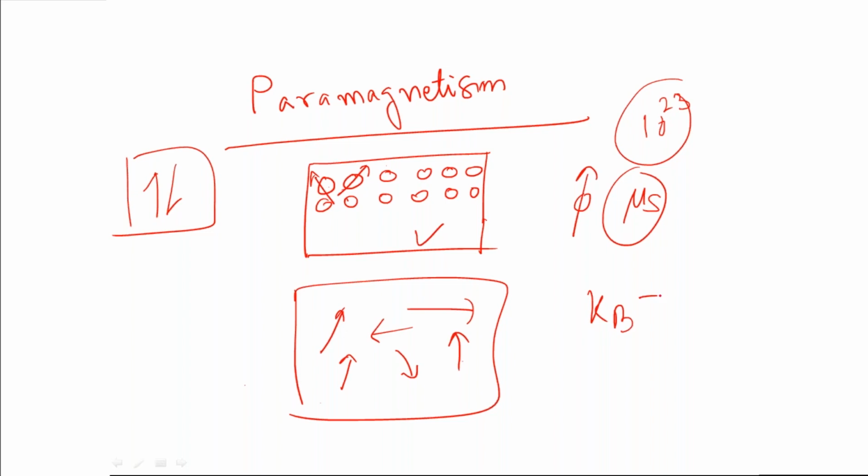And what is the reason for this random orientation? When the temperature is large, or at room temperature also, the paramagnetic dipole moments have a certain energy called kBT. This is the thermal energy.